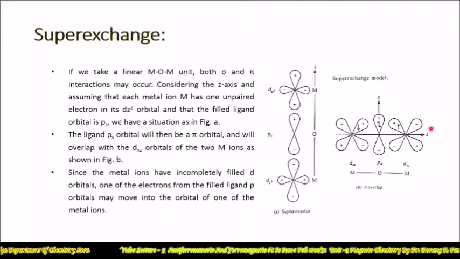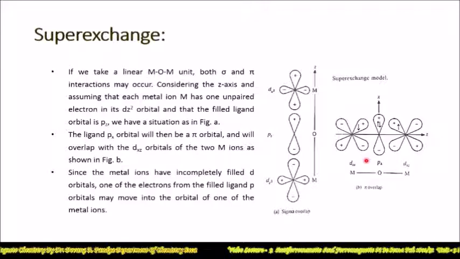So these two overlaps we can see here: the metal-oxygen-metal unit in figure A, and the dxz orbital of metal with px orbital of oxygen in figure B. Through this 3-atom system, the super exchange takes place in the complex.